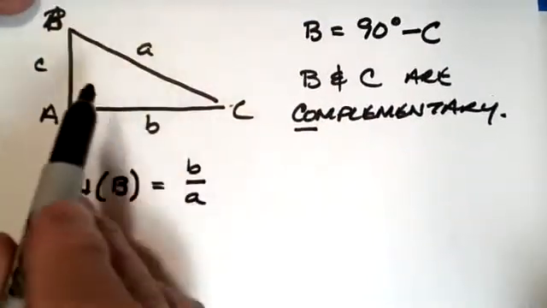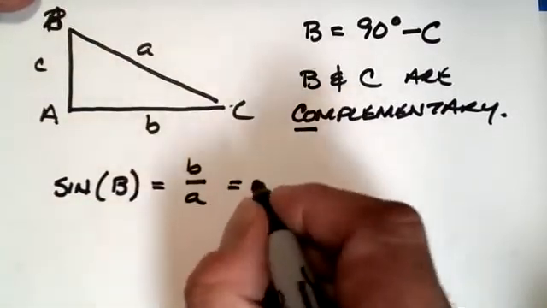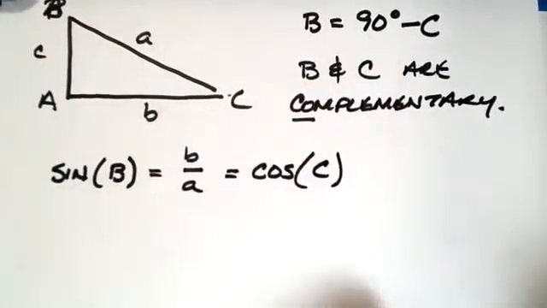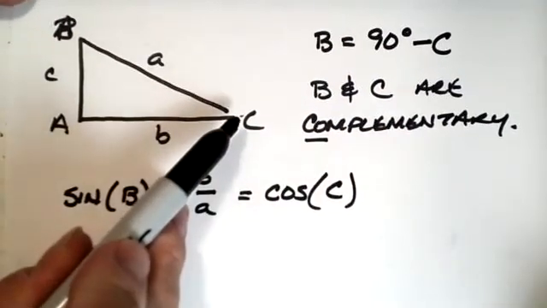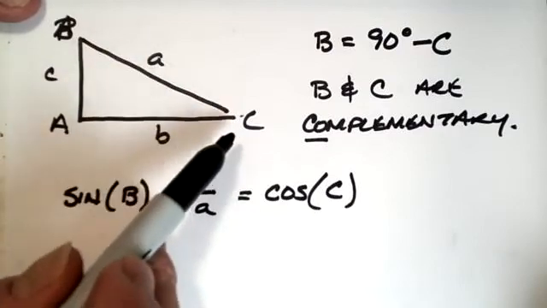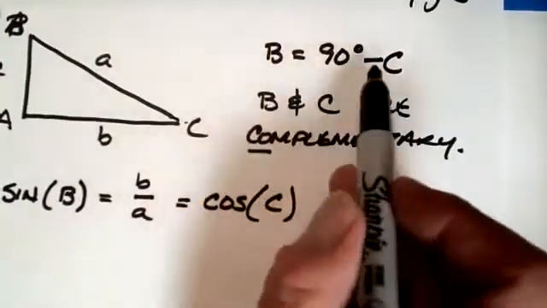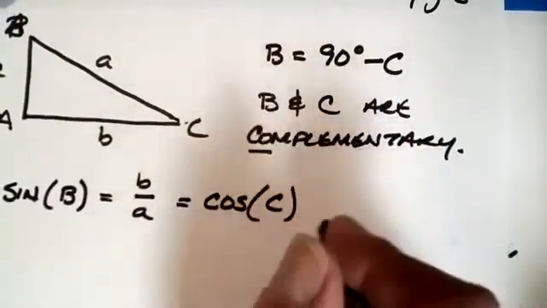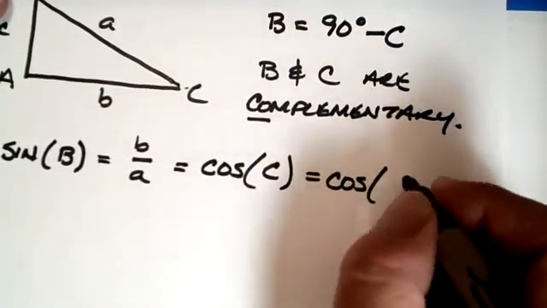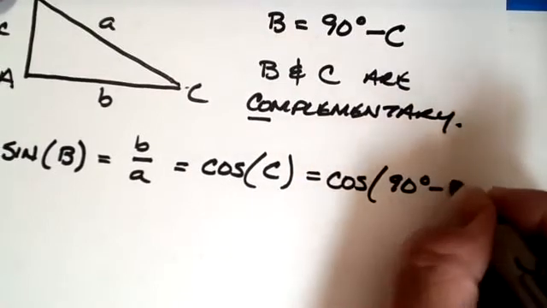So it's the opposite over the hypotenuse, but that also happens to be the cosine of C, right? Think about it. C here is the adjacent over the hypotenuse. So again, B over A. And if we make this little substitution up here, actually I want to do the reverse. This will be the cosine of 90 degrees minus B.